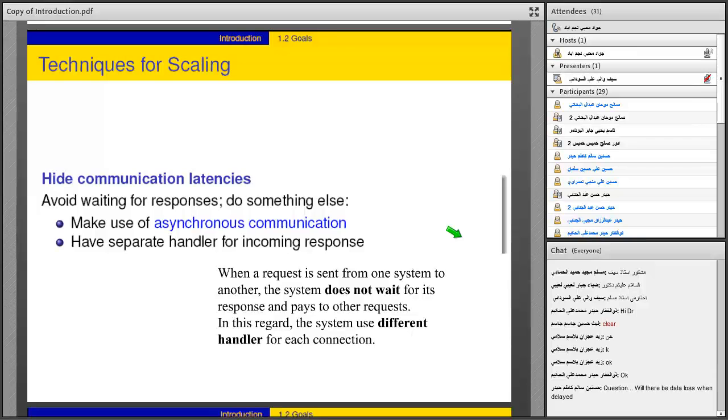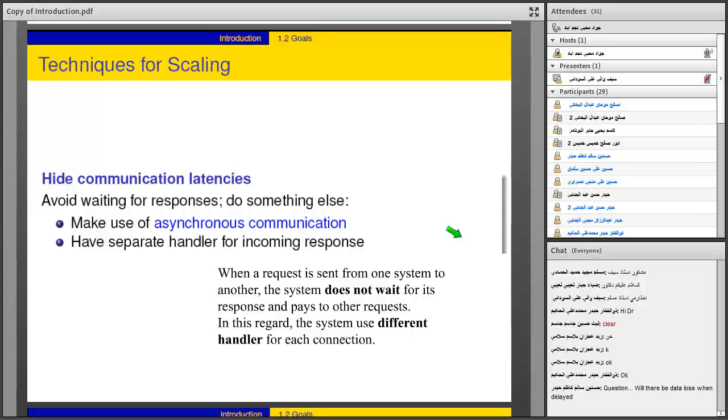It means this communication is asynchronous communication. In the previous state, when machine 0 waits for the response, it is synchronous communication. In this state, the communication is asynchronous, and a separate handler for incoming responses can be used in the machines.